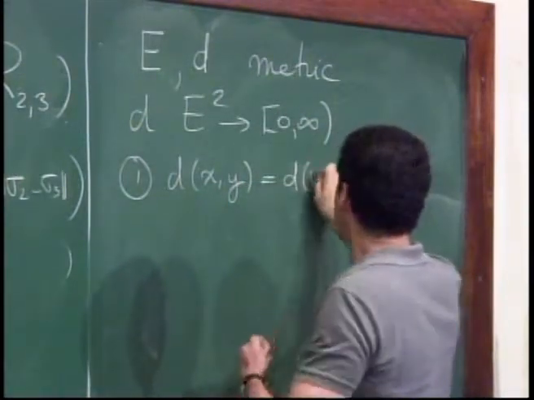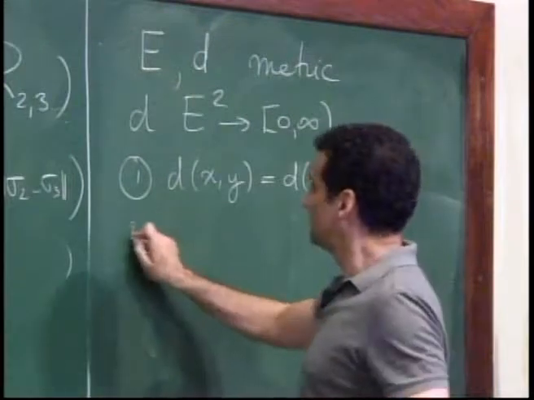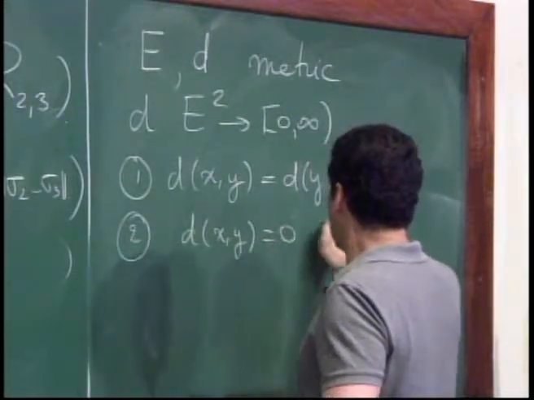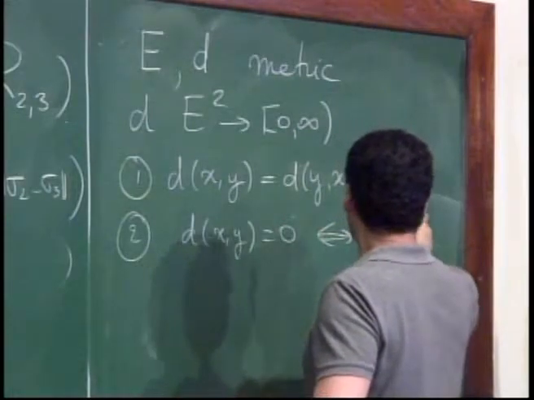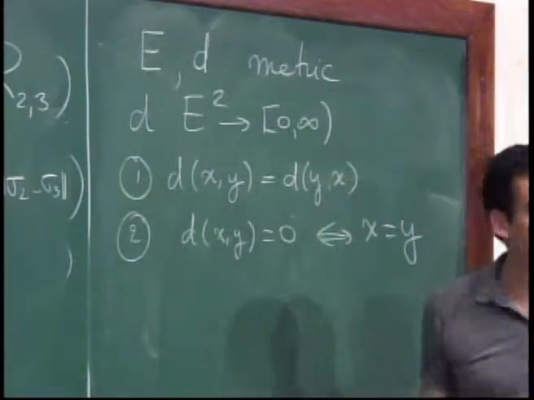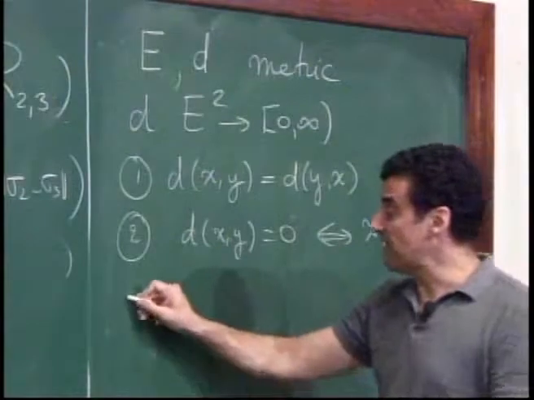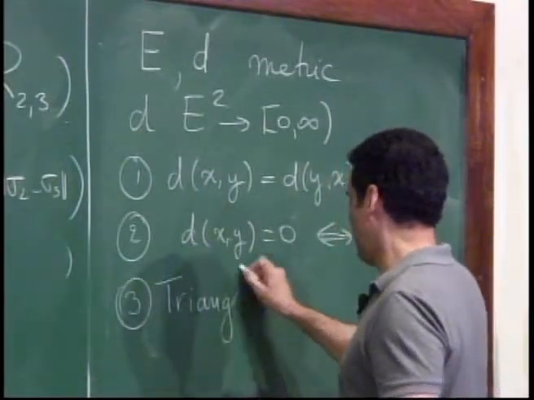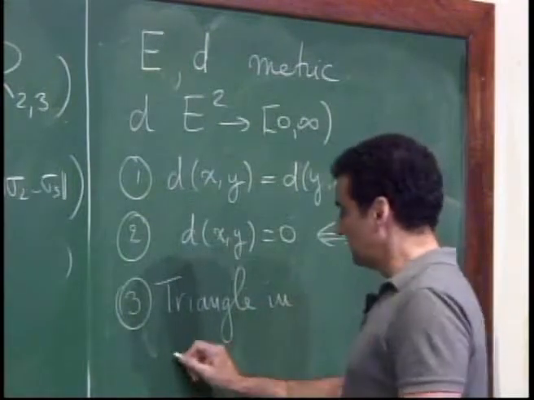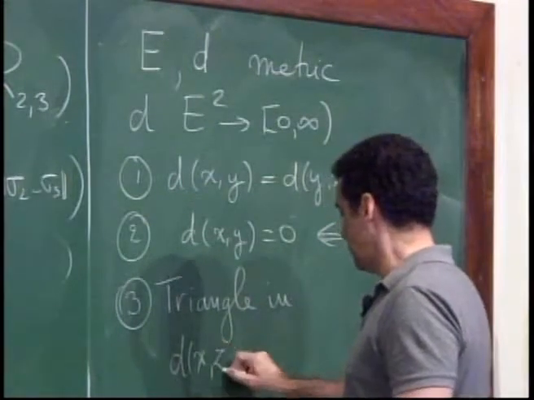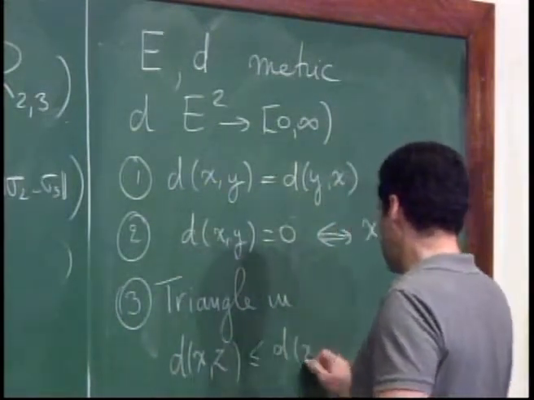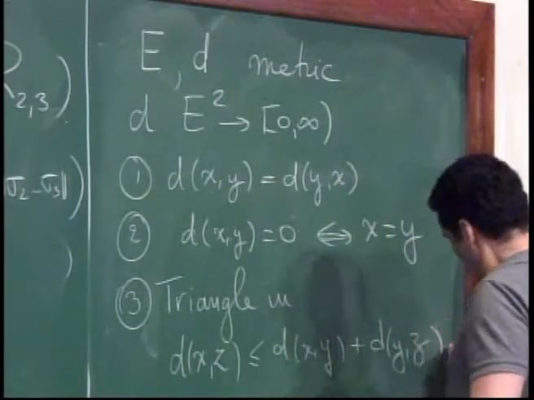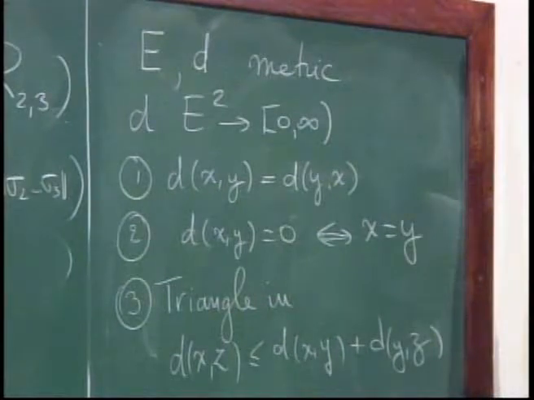Second, the distance of x, y is the distance of y, x. And third, the distance of x, y is 0 if and only if x is y. All that is clear. But then you need the triangle inequality. That's what makes a metric. The distance of x, z is less than the distance of x, y plus the distance of y, z. That's the definition of a metric.